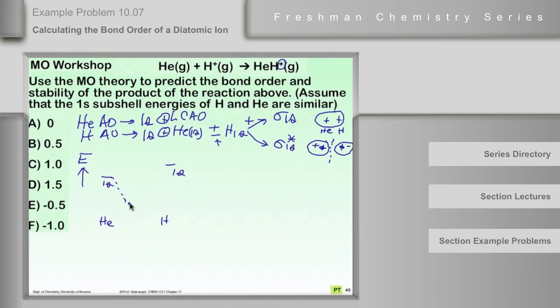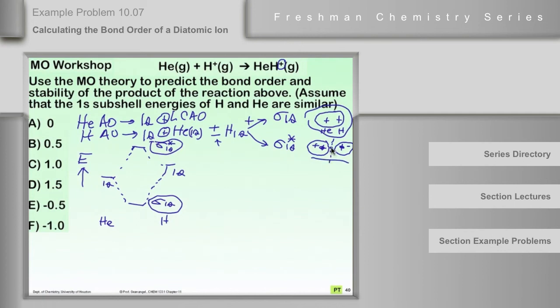And when we do the linear combinations, we're going to make one molecular orbital, which we call the sigma 1s, and one molecular orbital, which we call the sigma star 1s. The former is below the energy of the atomic orbitals, and that's its picture right there. And the latter is above the energy of the 1s orbitals. And this is its picture over here.